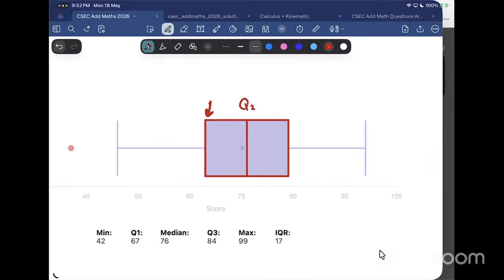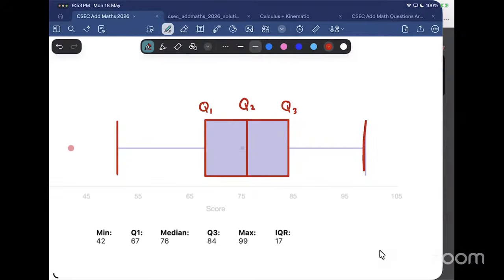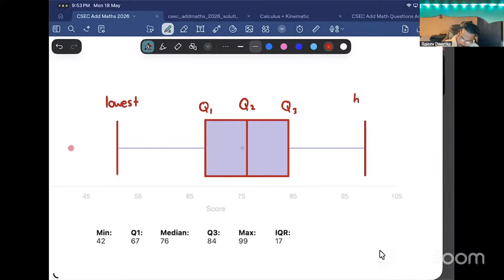I would assume it's Q1. What about this one? Q3. And this over here would just be your lowest observation, the smallest value you observe. And this would be your highest observation, the largest value you observe.